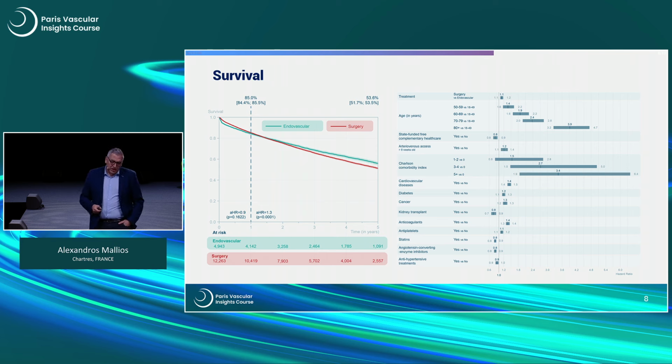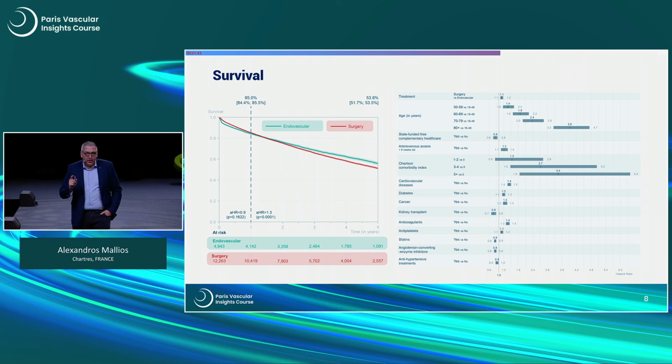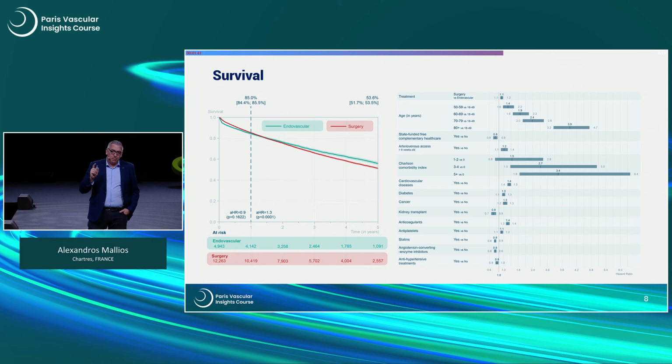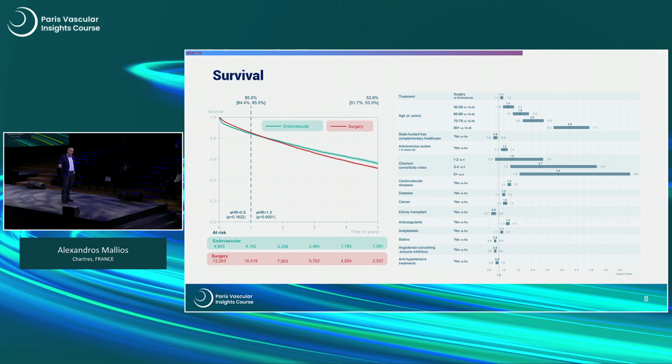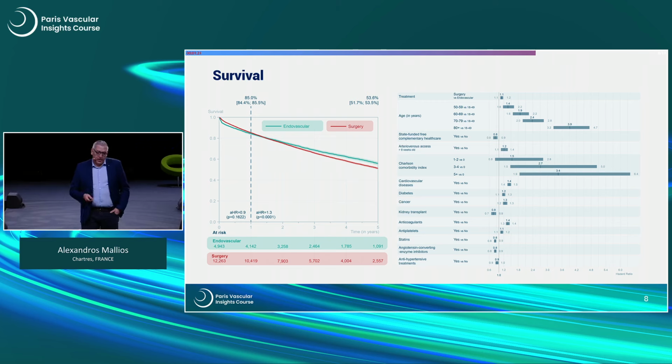You will see that about 15% of these patients were lost after 1 year, and about 50% of these patients will die in 5 years, meaning that if you go to a dialysis center, 50% of these people are not going to be there within 5 years. And these results are actually better than what we had before from a study in Germany, which was about 50%, I think, in 2 or 3 years. So again, endovascular seems to be doing better.